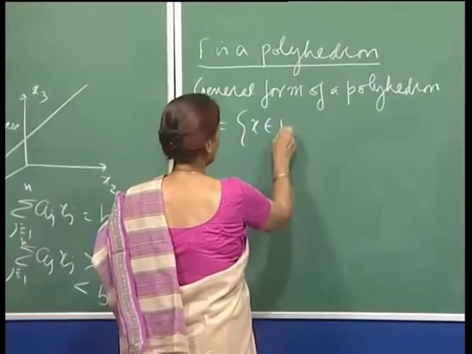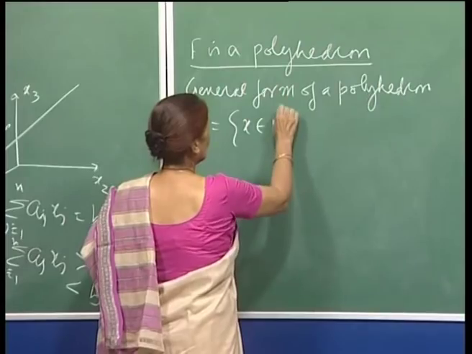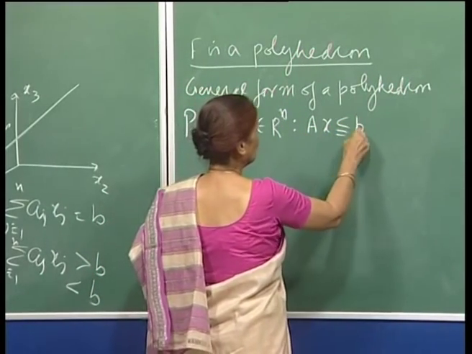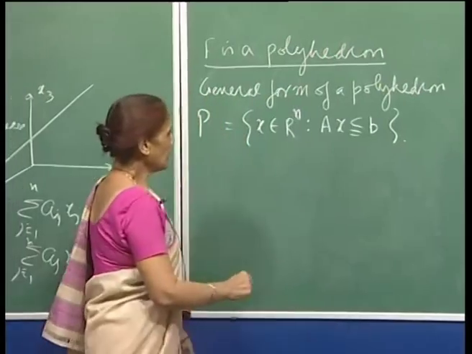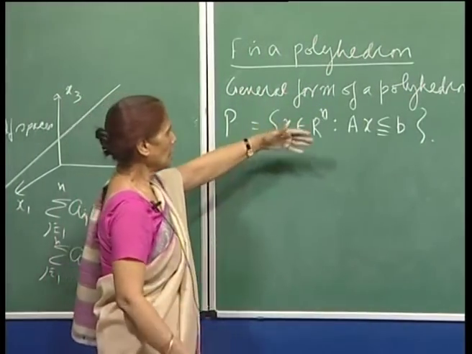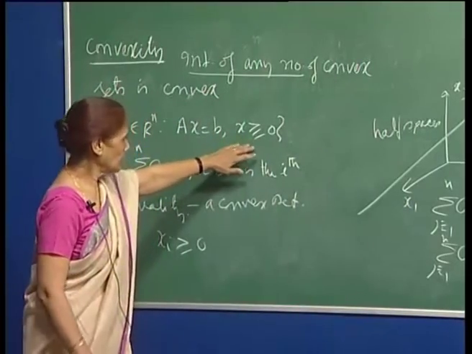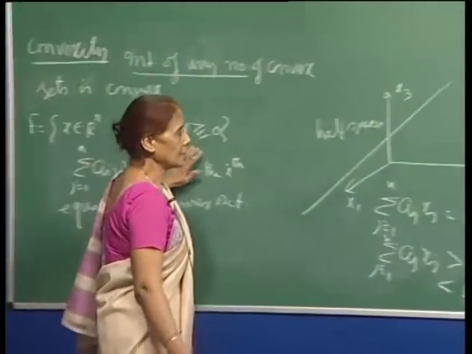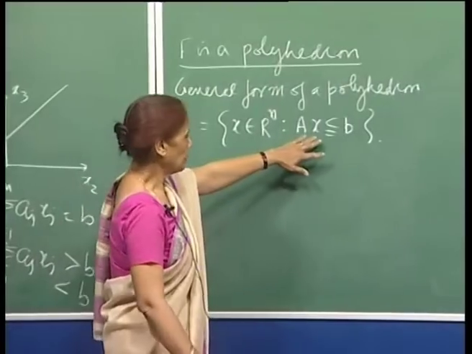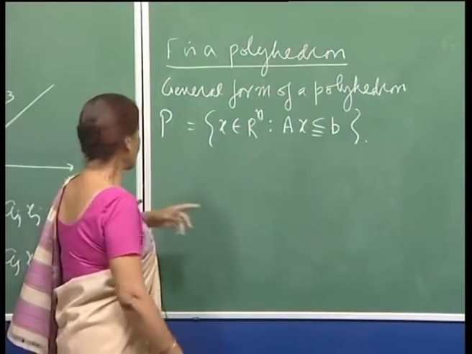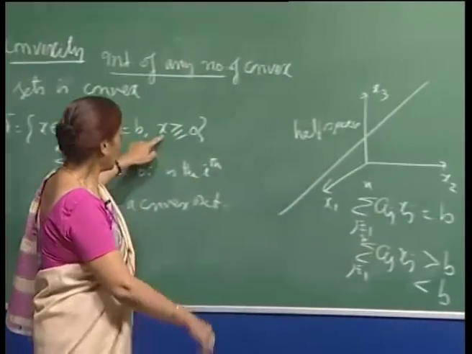So P is the set of x belonging to Rn such that Ax is less than or equal to B. What we are saying here is that even if there are some constraints of the greater than or equal to kind, like the non-negativity constraints, they can be part of this, because I can multiply by a minus sign.